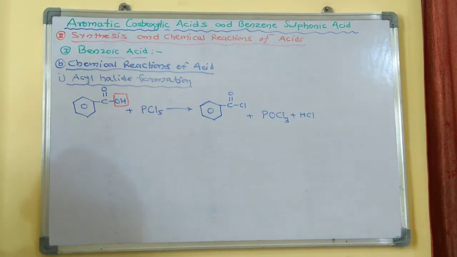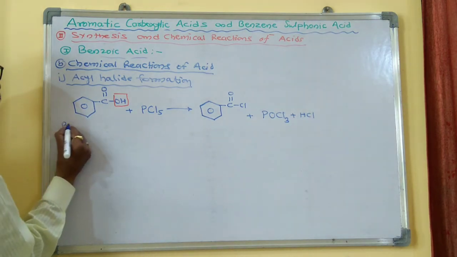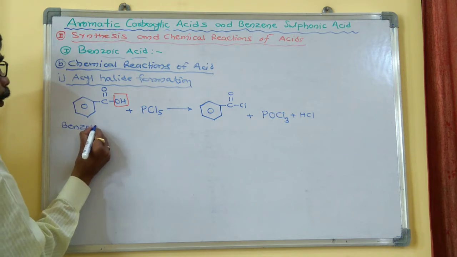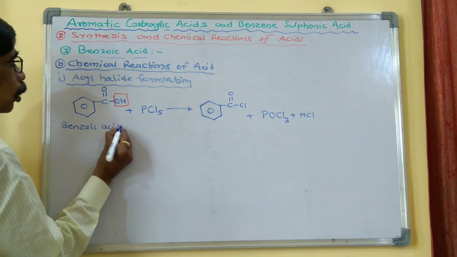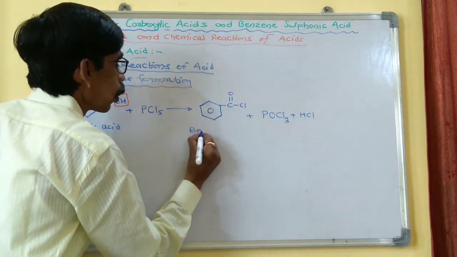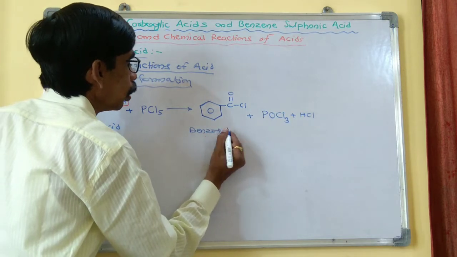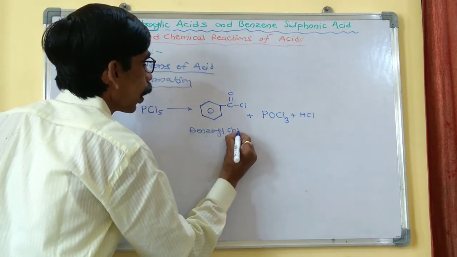So this is the formation of benzoyl chloride from benzoic acid. This is the benzoic acid, and this is the benzoyl chloride.